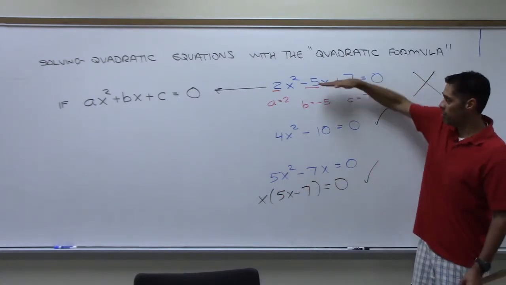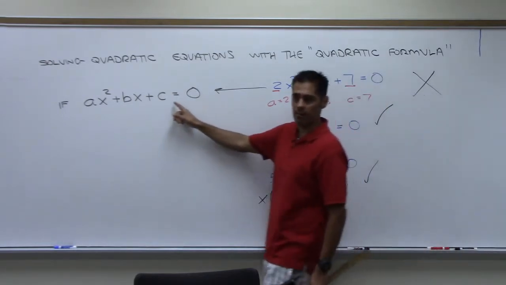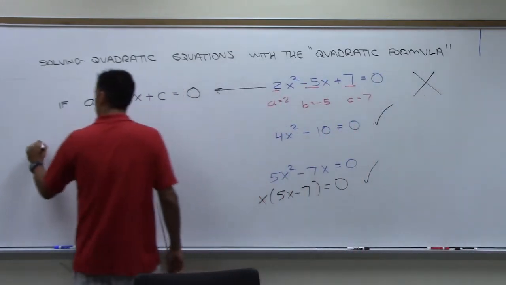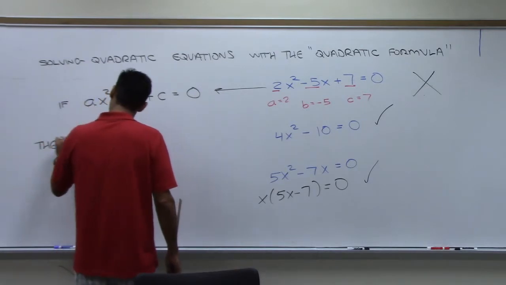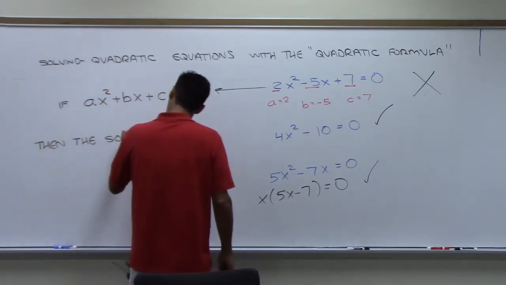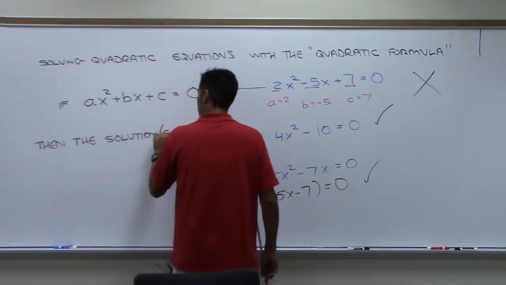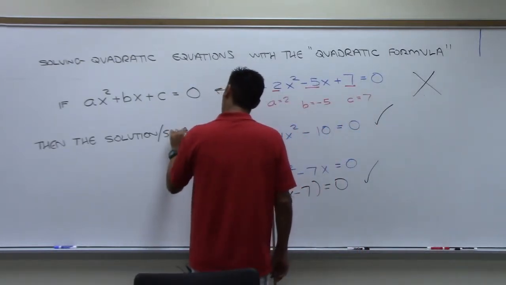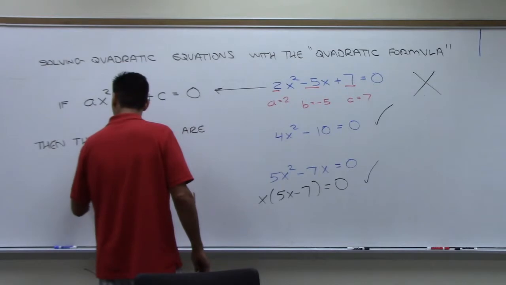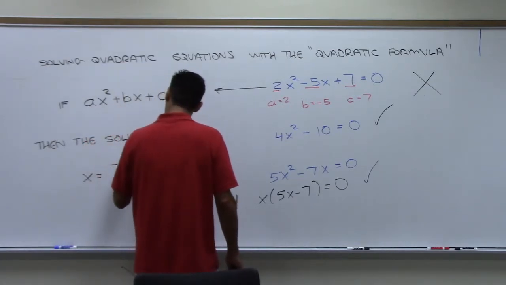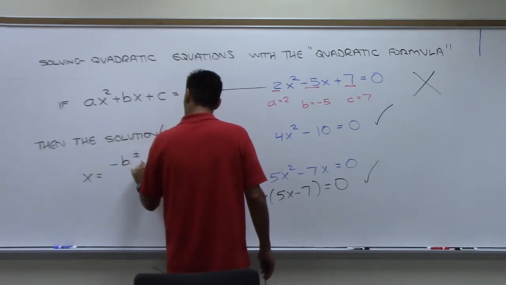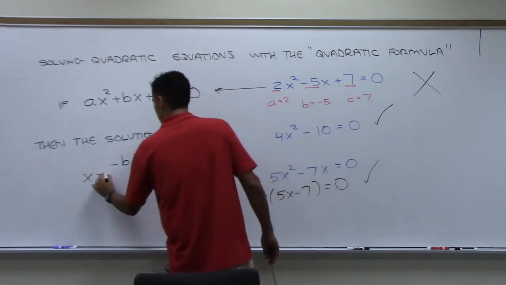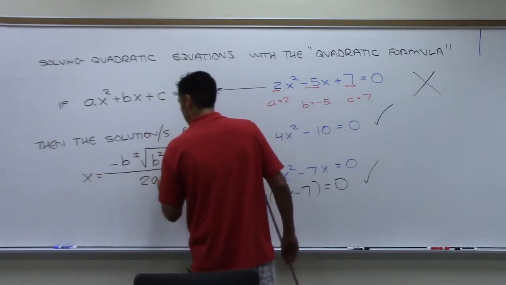So I'm just telling you, for this one, and this one, all of them, you can still use this formula that I'm about to give you. As long as you can identify A, B, and C, you're in business. So if somebody gives you this equation, then the solution or solutions, meaning you could have one solution, you could have more than one, are x equals -b plus or minus the square root of b squared minus 4 times a times c, the entire quantity divided by 2 times a.